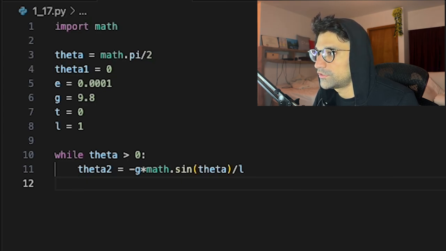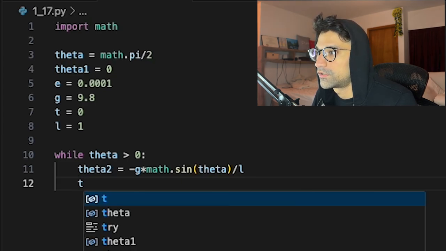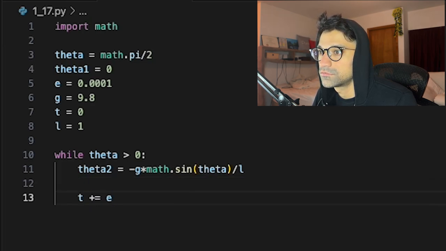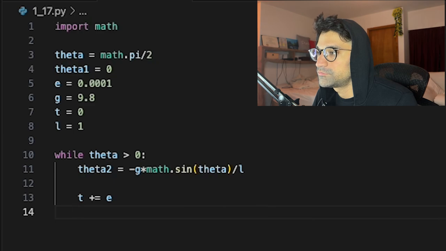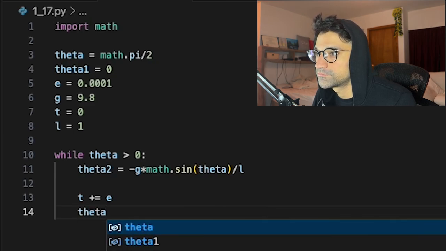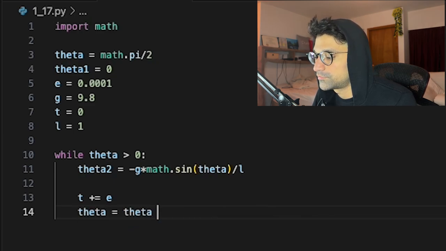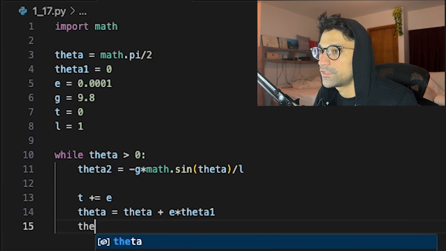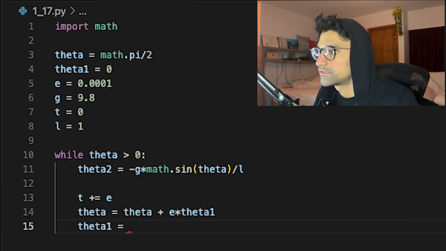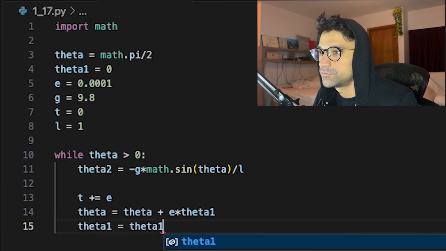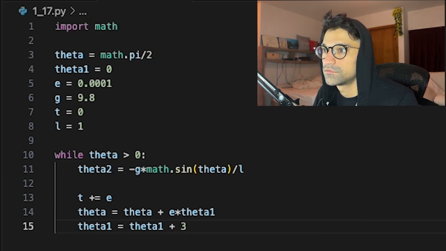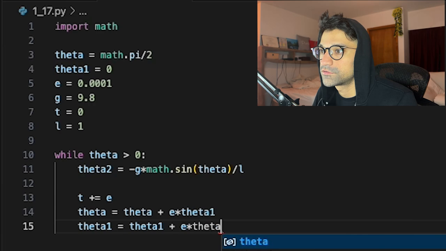And what else? Then we have our little t plus equals e. And the updates now, right? So now theta is theta plus e times theta 1. And not only that, but theta 1 is theta 1 plus e times theta 2.